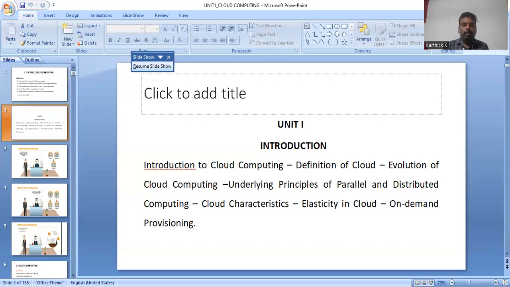So what is parallel computing? Parallel computing is a type of computation in which many calculations or executions of processes are carried out simultaneously.